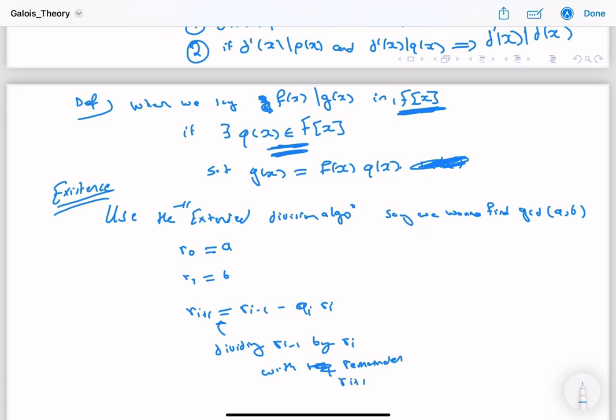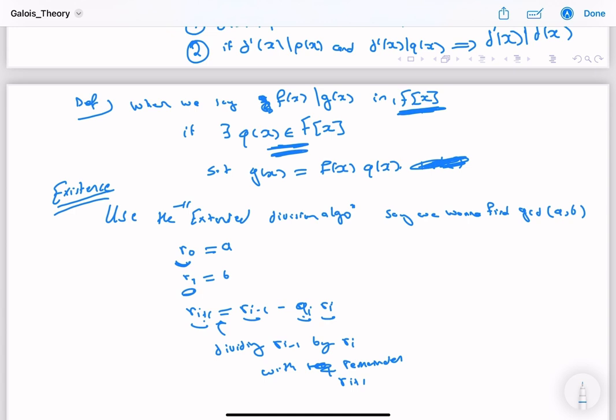So every time you have r i minus 1 and r i, just as here you have r0 and r1, and you'll be getting q i and r i plus 1. How are you getting these? By the division algorithm. Okay, I hope that this is clear. You get these q's and r's by applying the division algorithm repeatedly.